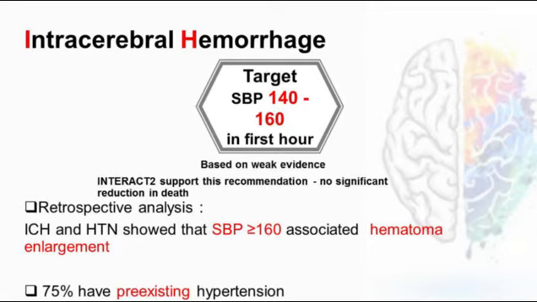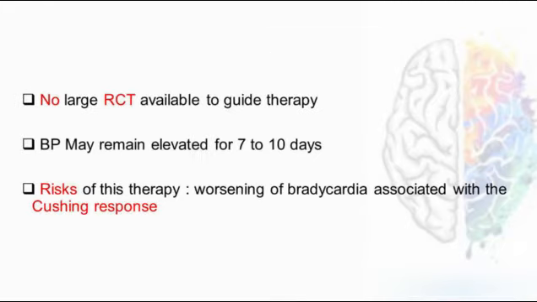Also, 75% of patients with intracerebral hemorrhage have pre-existing hypertension. There is no large RCT available to guide the therapy. Blood pressure may remain elevated for 7 to 10 days even after initiation of therapy. A risk of the therapy is worsening of the bradycardia, which is associated with the Cushing response.